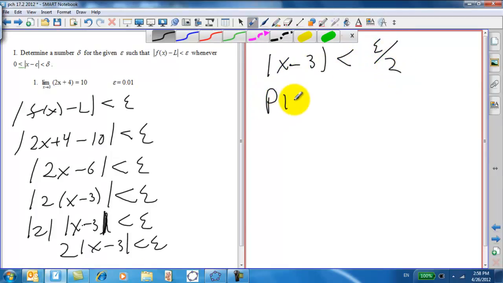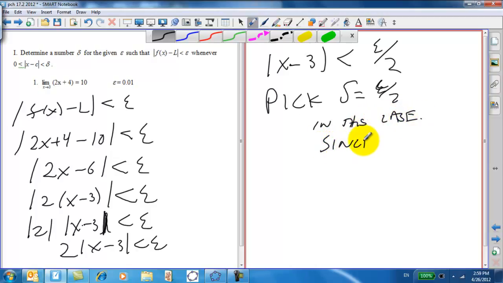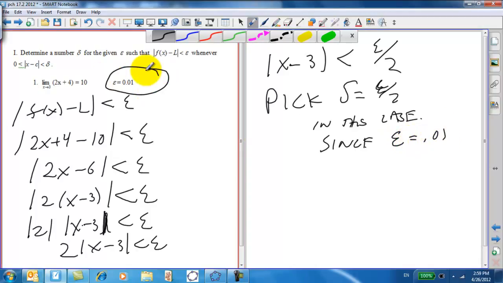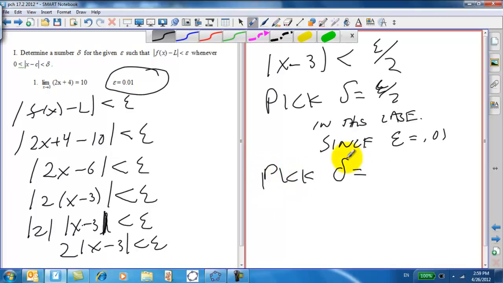So we pick delta to equal epsilon over 2. And in this case, since epsilon equals 0.01, we can pick delta to equal 0.01 divided by 2, and we get 0.005.